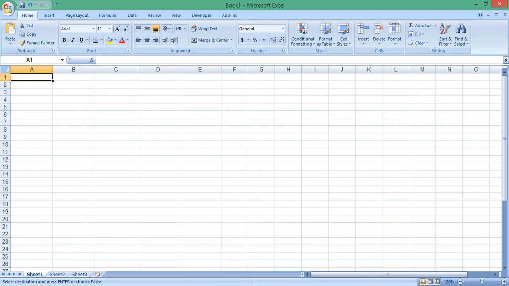Assalamu alaikum. In this lecture we will see how to calculate the area under plasma concentration versus time curve using Microsoft Excel.